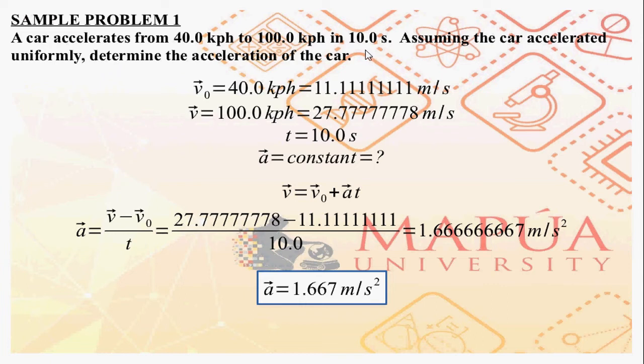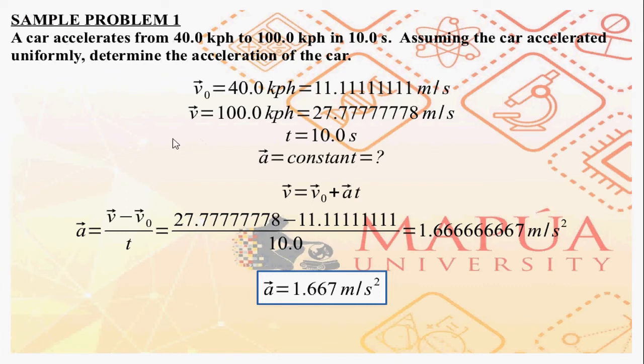For our solution, we assumed the direction to be positive, for instance, positive x direction. Our answer, A, is positive. This means that the acceleration is heading in the positive x direction.